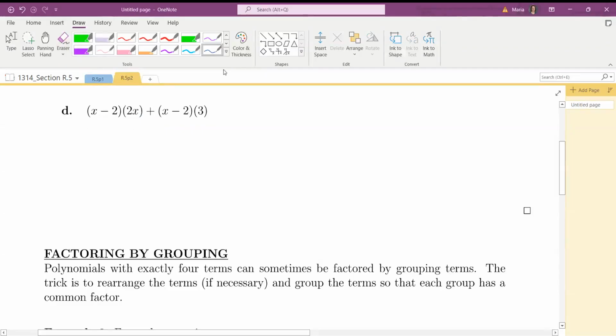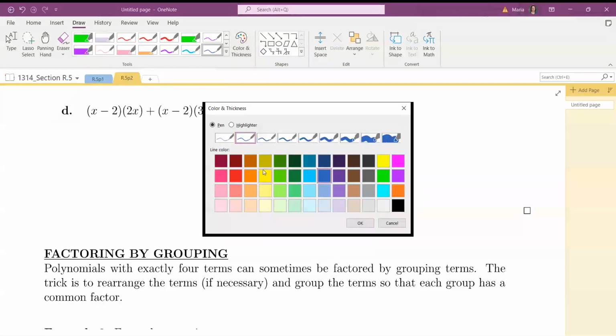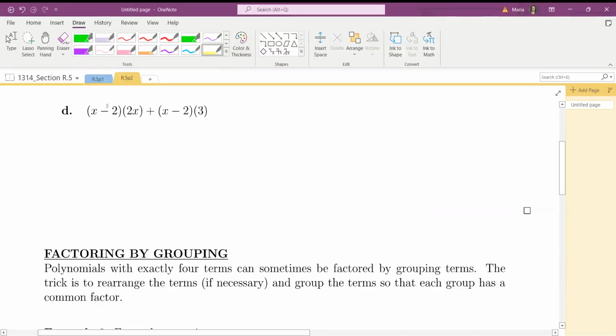And the reason it's actually more work to multiply this out is if you look at this closely, on either side of the plus sign, I see this x minus 2 in parentheses. You see how I highlighted this in yellow?